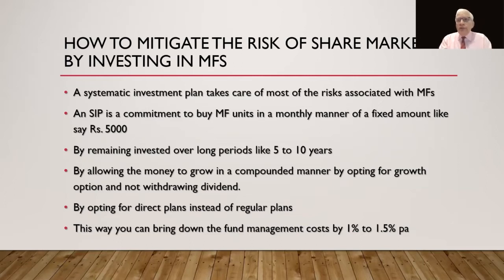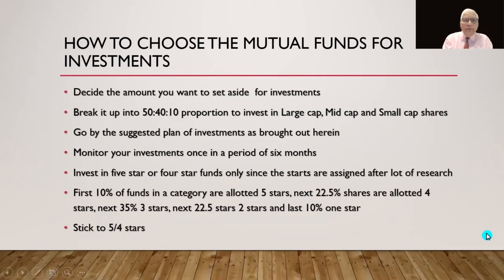You can invest in direct schemes, and if you see, if the return from a regular plan is 13.8%, the return from a direct plan is 14.8%. There's a 1% difference, or almost 0.75% difference, in every scheme over every tenure. So this is one good way of bringing down the fund management cost by 1.1 to 1.5%.